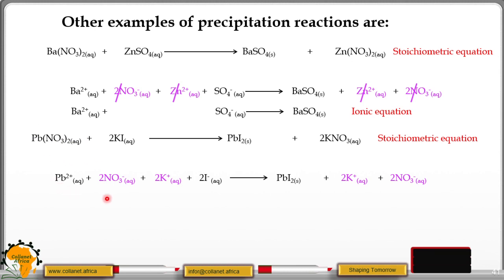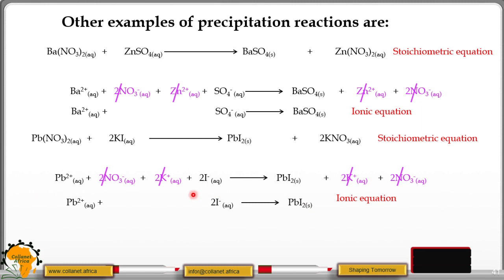So in this case, that's the equation. These are the spectator ions. On both sides you can see you have potassium ions and the nitrate ions. So you can cancel the spectator ions. You cancel out the spectator ions so that you're left with the ionic equation. And this is our ionic equation.